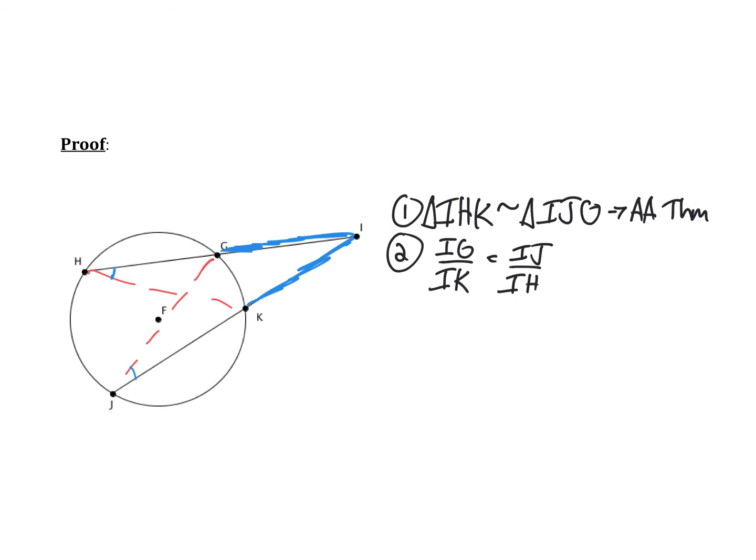So IJ, being the long side in that triangle, and IH being the long side in that triangle. So why can we make that statement? Right, similar triangles have proportional sides.